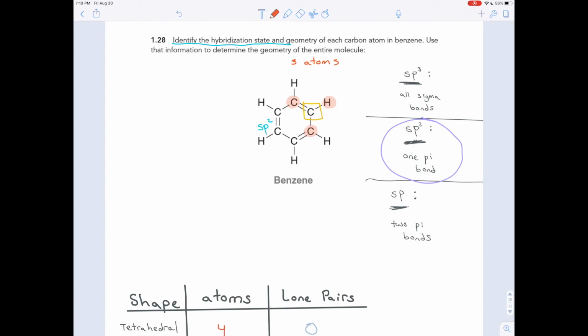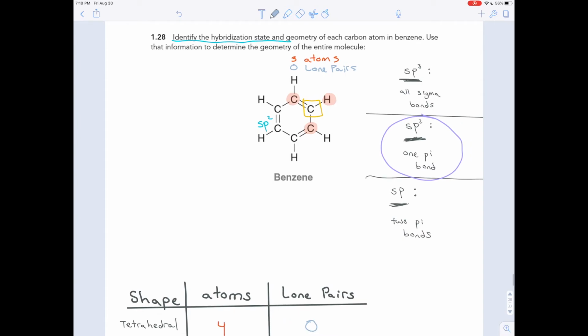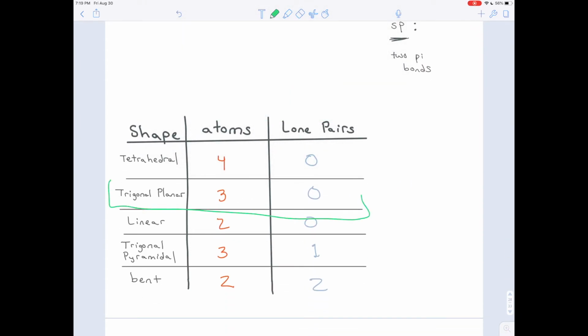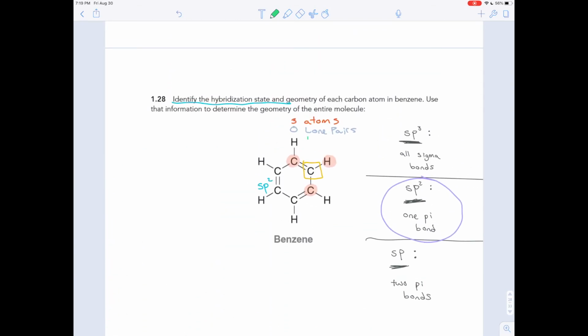And how many lone pairs are around that carbon? I see no dots there, so we're looking at 0 lone pairs, and those two things pair up when they all repel each other to give you a shape of trigonal planar. 3 atoms and 0 lone pairs. And so this carbon here is trigonal planar.